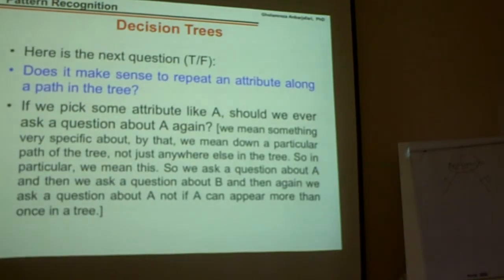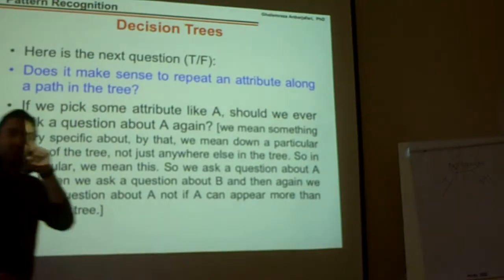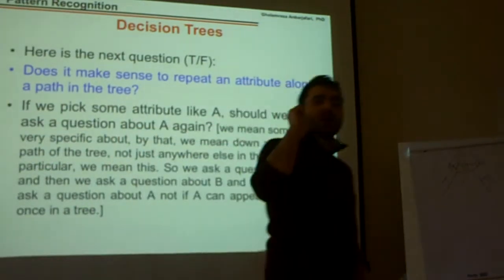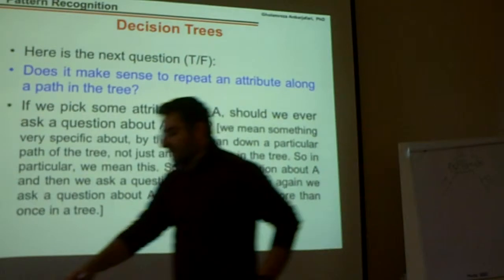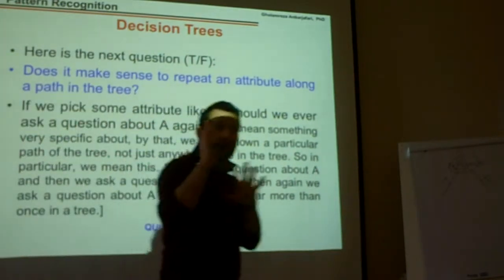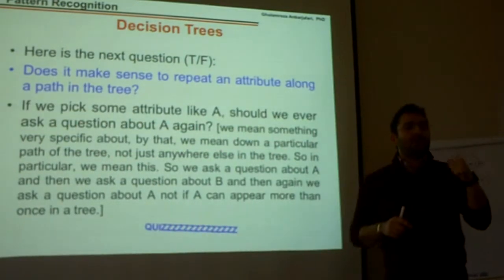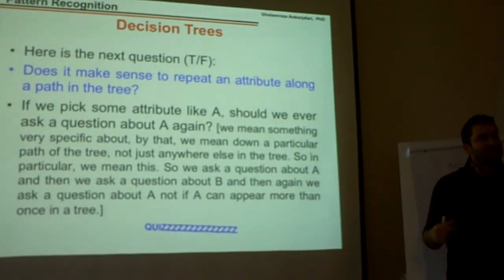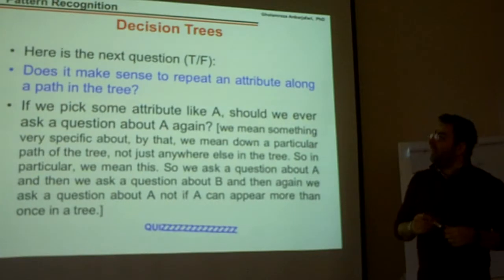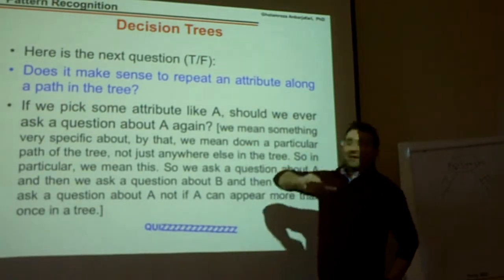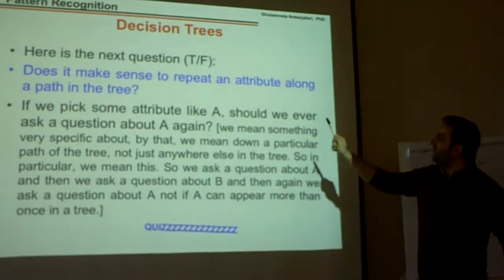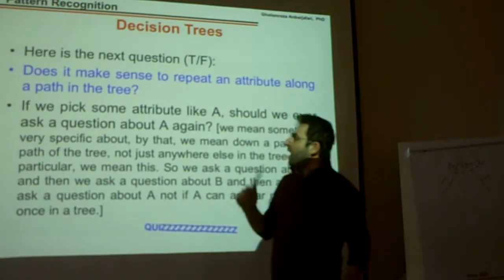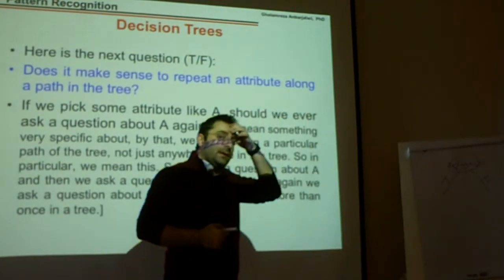Now, here is the next question, and it is a true-false question. I want you to think, because this question will be a quiz question, so come up with a solid answer: if it is true, because, or if it is false, because. And the question is this: does it make sense to repeat an attribute along a path of a tree?